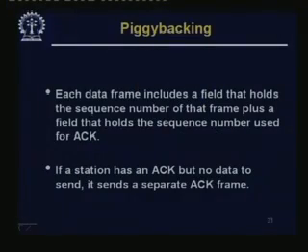So, you need not send an acknowledgement frame by itself, which of course saves a lot of time. If you remember the simple case in stop and wait, the acknowledgement was travelling all alone, and it took all its t prop, that is the propagation time. All that is saved because you are using it for sending real data. So, that way piggybacking is nice.